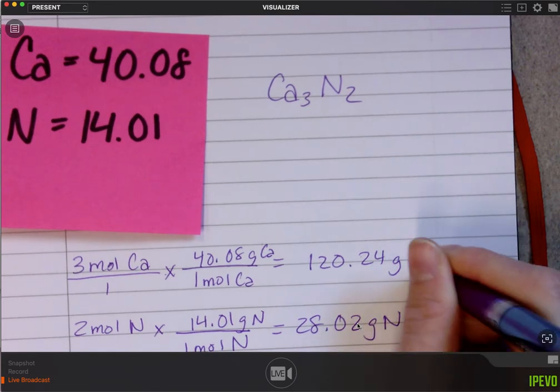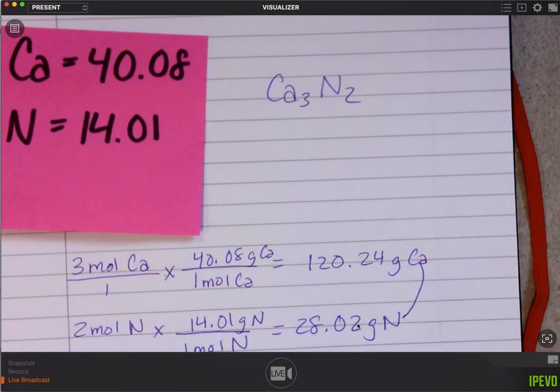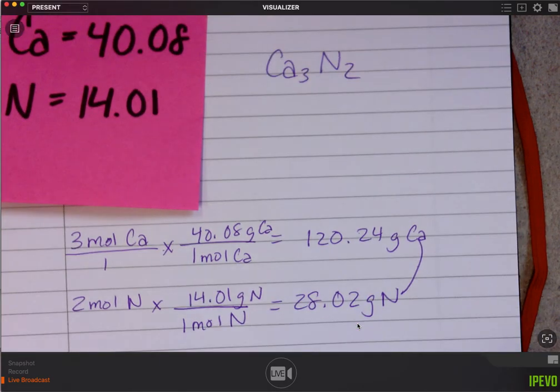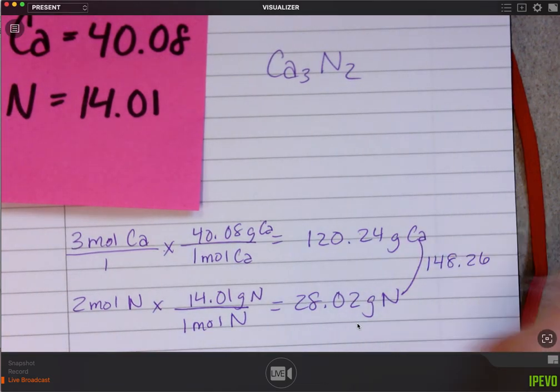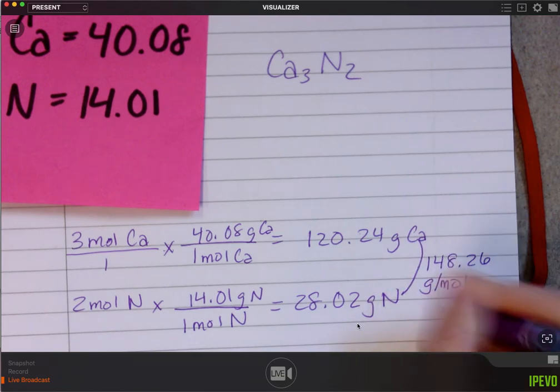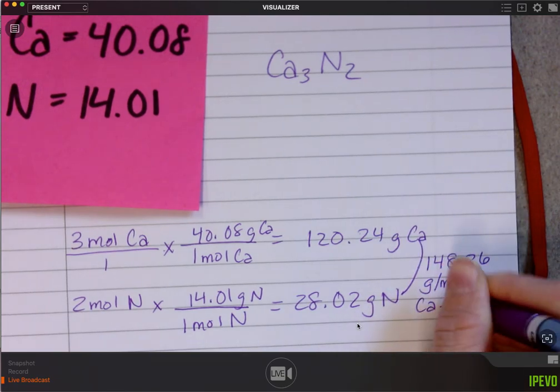And again, I want to add these two together. So 120.24 plus 28.02, I'm going to get 148.26 grams per mole of calcium nitride.